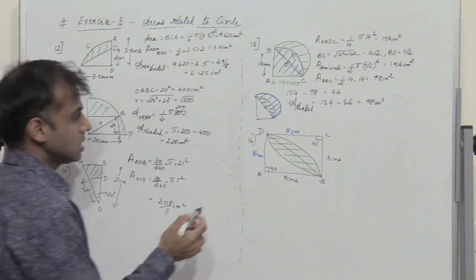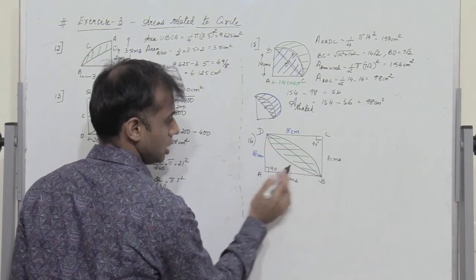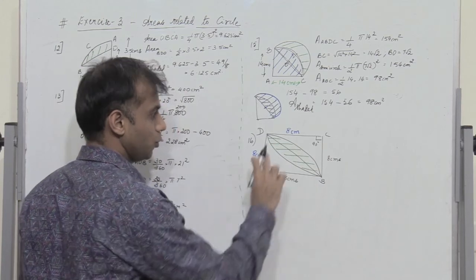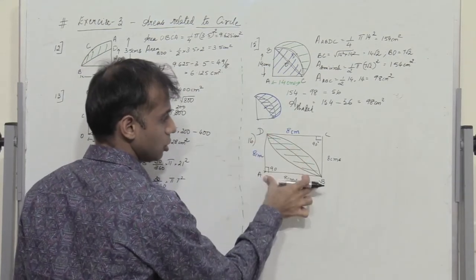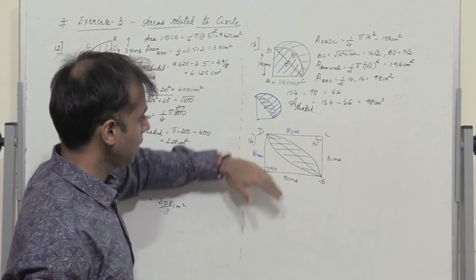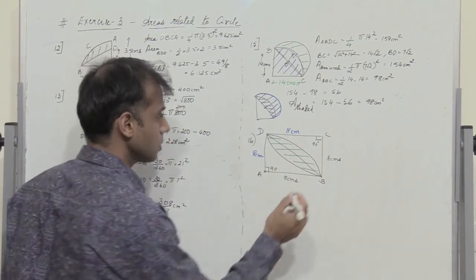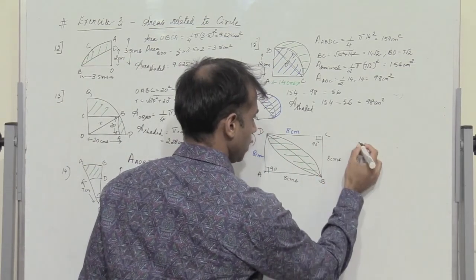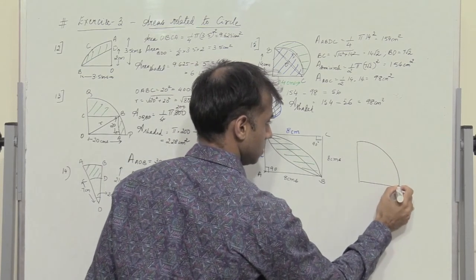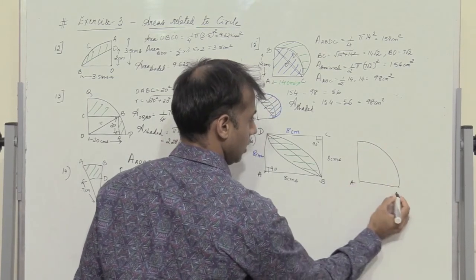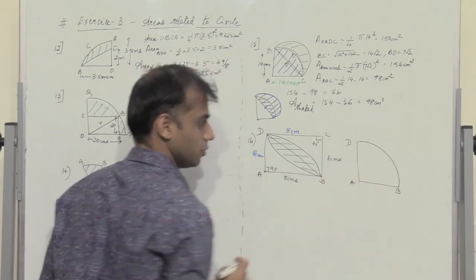Now this circle which is drawn from B to D with center A forms a quarter of a circle. Now from this quarter of a circle, I subtract the area of triangle ABD. So we have this quarter of a circle which is A, B and D. First find the area of this quarter of a circle.